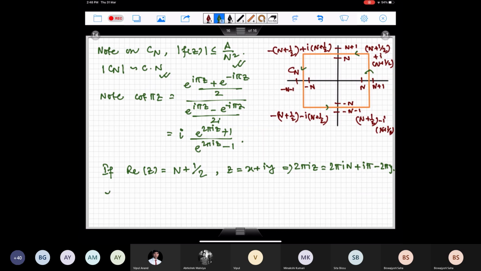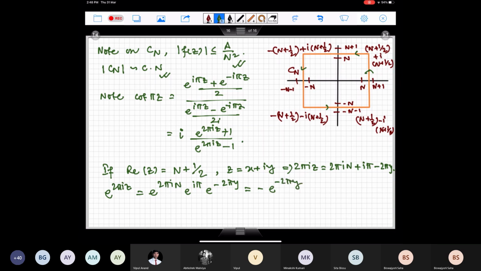Great. So what is e to the power 2 pi i z therefore? This is nothing but e to the power 2 pi i n, times e to the power i pi, times e to the power minus 2 pi y. So e to the power i pi is of course minus 1, so this is minus e power minus 2 pi y.